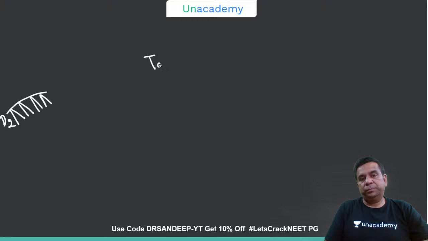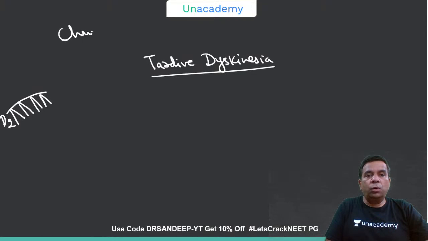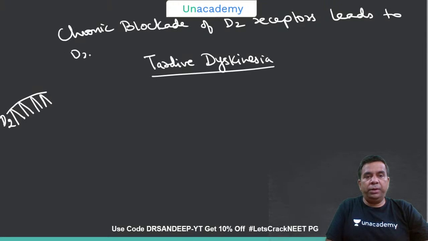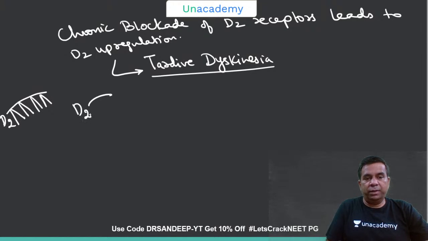So the theory says that chronic blockade of D2 receptor leads to D2 upregulation in some patients, leading to tardive dyskinesia.